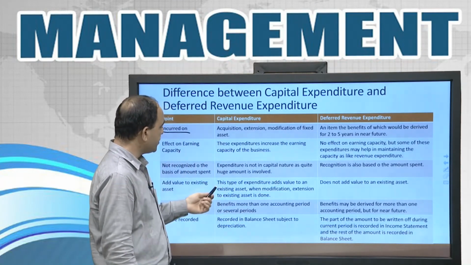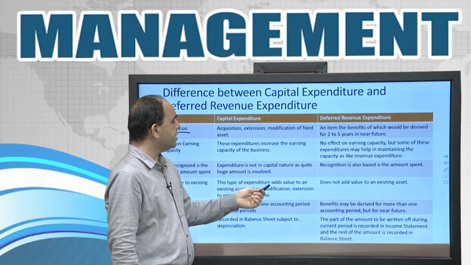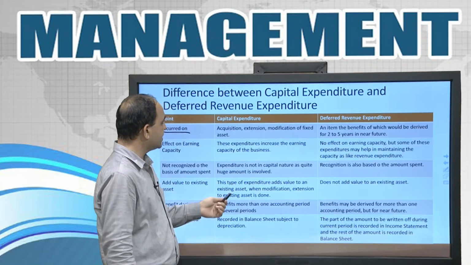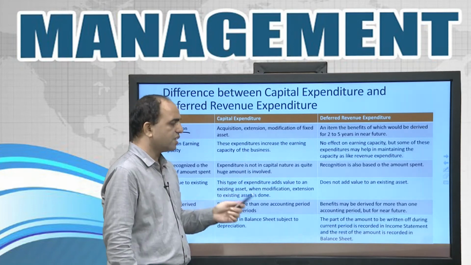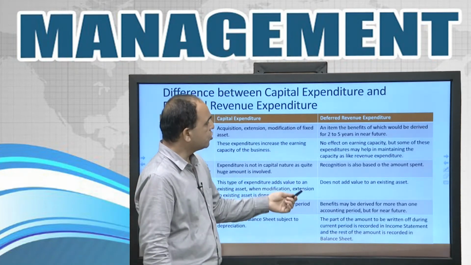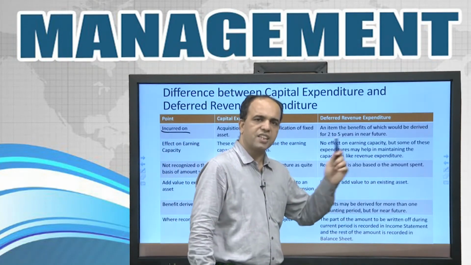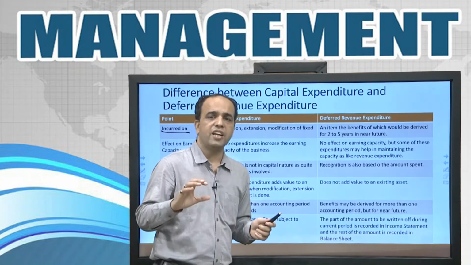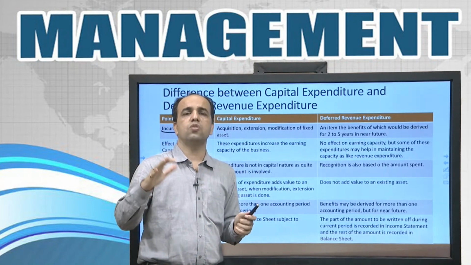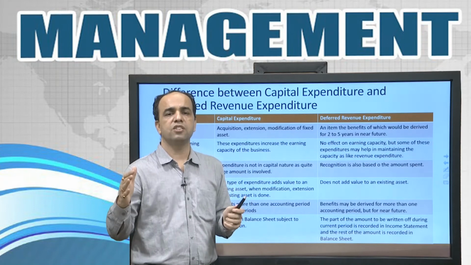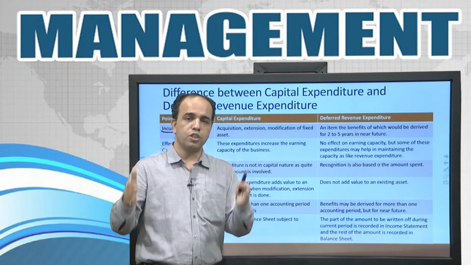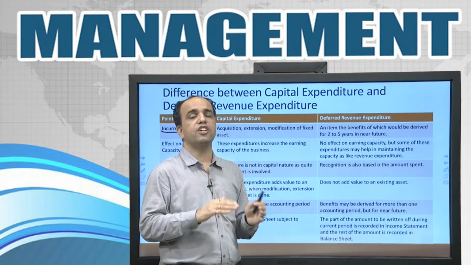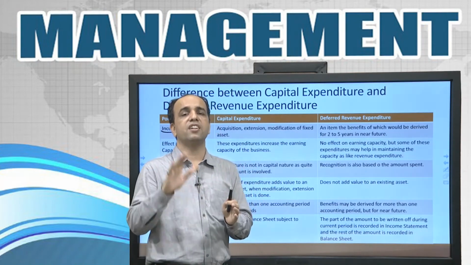Under capital expenditure, this type of expenditure adds value to an existing asset when modification or extension to an existing asset is done, while deferred revenue expenditure does not add value to existing assets. So, friends, generally advertisement expense, discount on shares, discount on debentures, underwriting commission, all these are expenditure, but to the extent not written off, that is why we are writing it under assets.